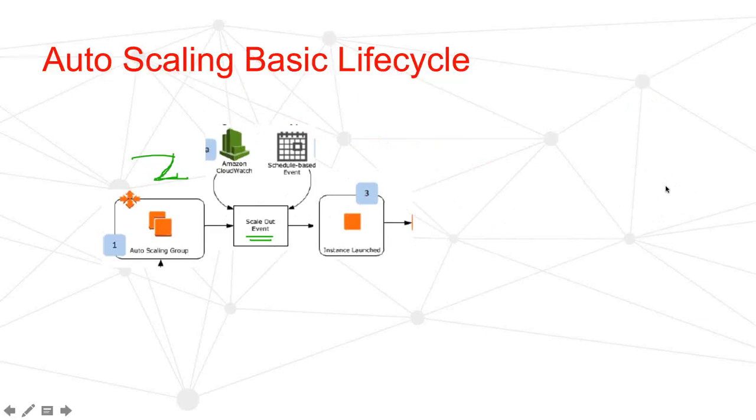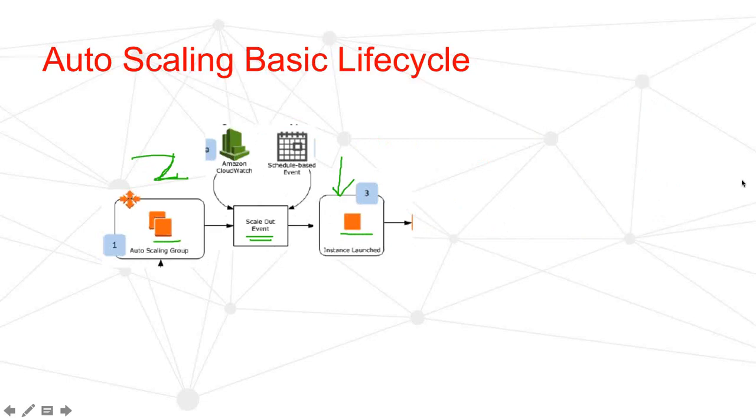Now this extra instance that is launched, it has exactly the same configuration that these instances contain. The same AMI, the same scripts, the same software, application, security groups, key pair, everything will be same. It's a duplicate instance.